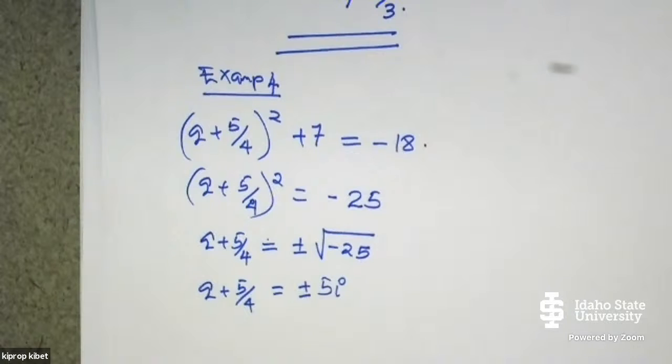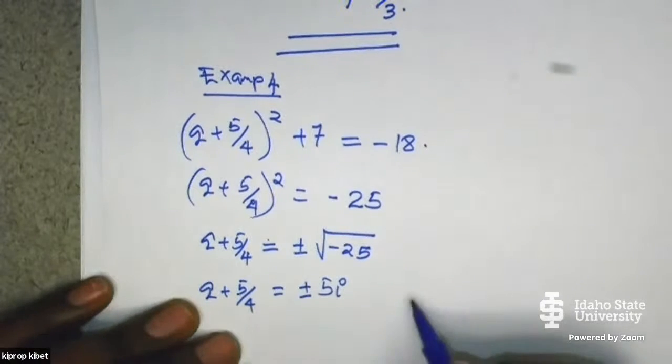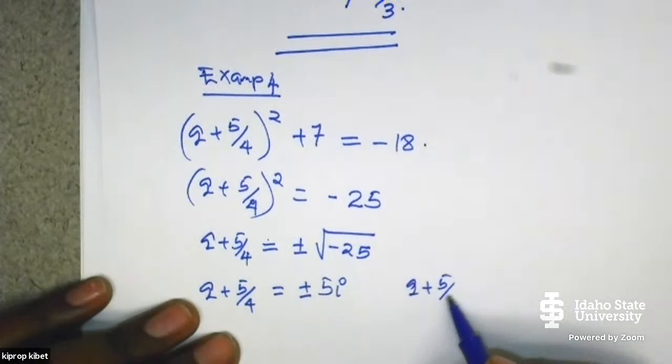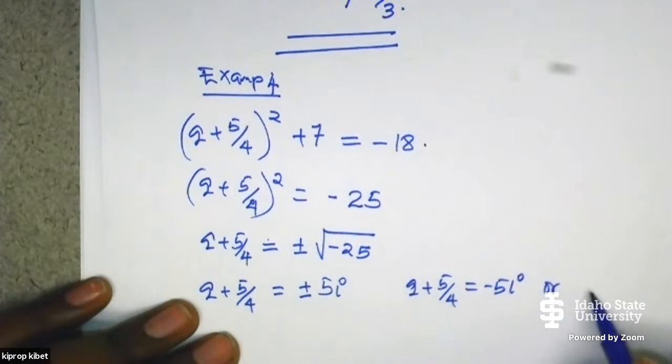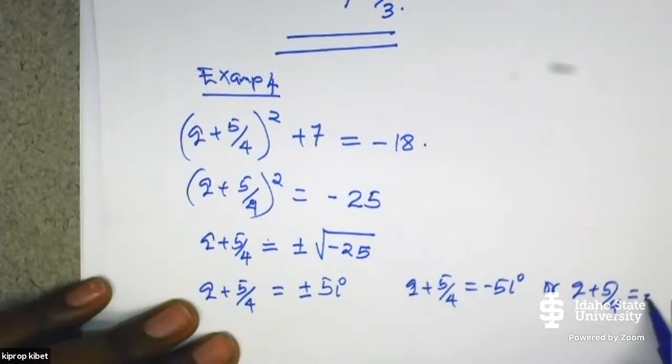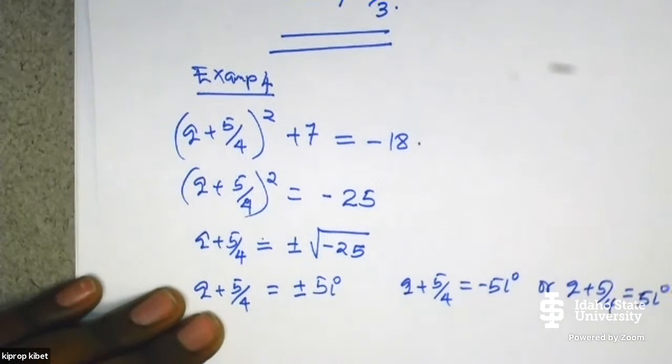So q plus 5 all over 4 equals negative 5i, or q plus 5 all over 4 equals 5i.